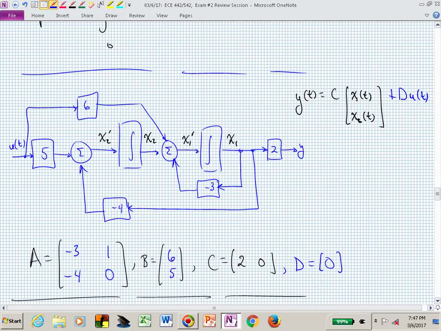D is the direct connection between the input and the output. And in our case, there was no direct input connection from the input to the output Y. And for that reason, we realize that capital D, the D matrix, is 0. And then U does not directly influence Y.